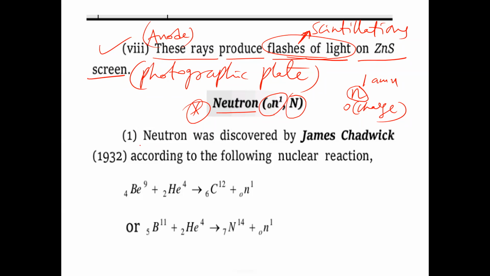The neutron was discovered by James Chadwick in 1932, according to the following nuclear reaction.